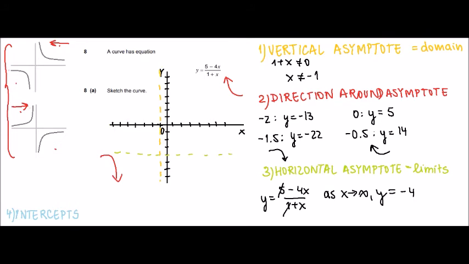The last step is the intercepts. When x is equal to 0, we already said that y is equal to 5. We can sketch that on the graph and get this point. When y is equal to 0, that means that the numerator has to be equal to 0.